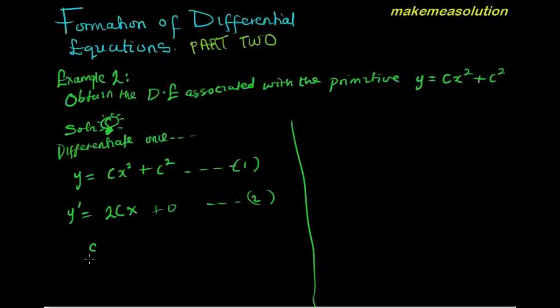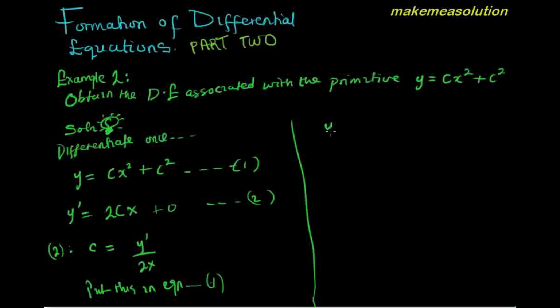So let me make c the subject of the formula from equation 2. So from equation 2, we have that c is equal to y prime over 2x. Okay, so we are going to put this in equation 1.